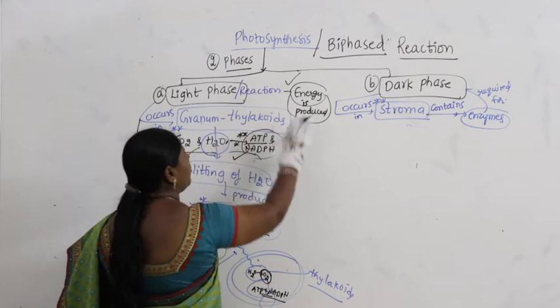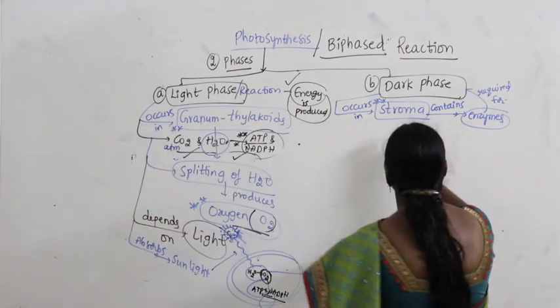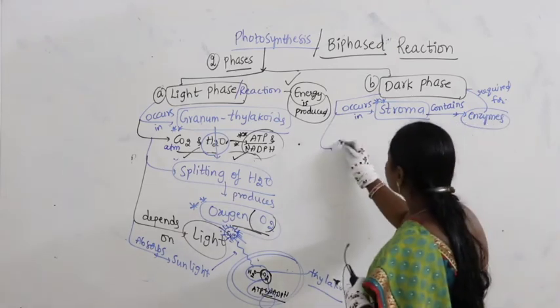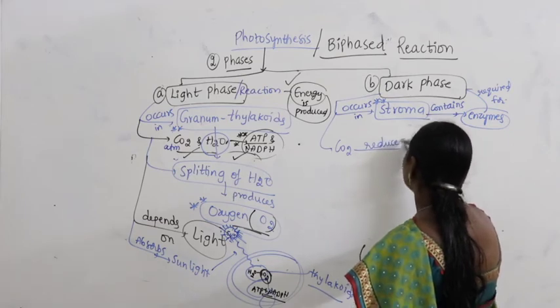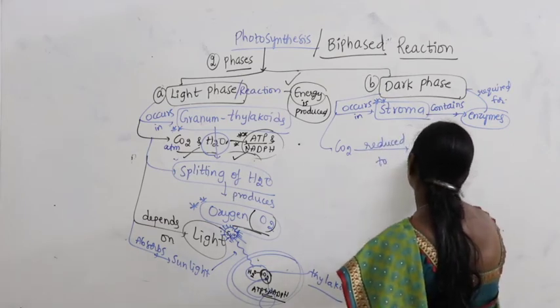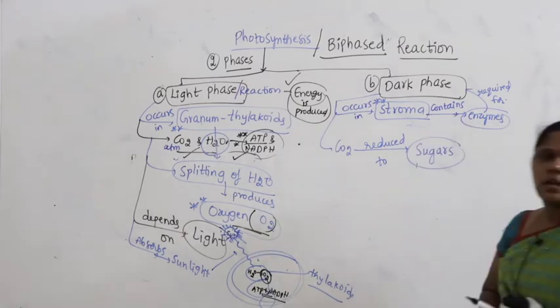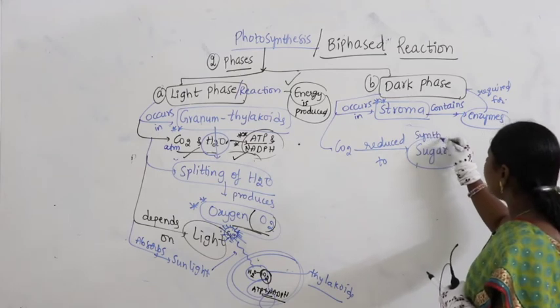Then it enters into the dark phase. The dark phase is nothing but the stroma. Now, in this case, carbon dioxide is reduced to sugars. Where is there a synthesis of sugars? Here in the dark phase.